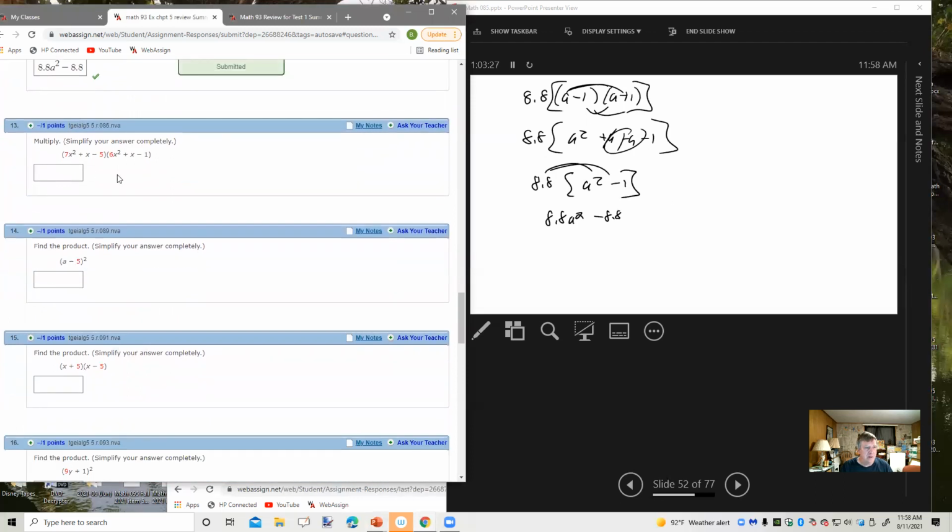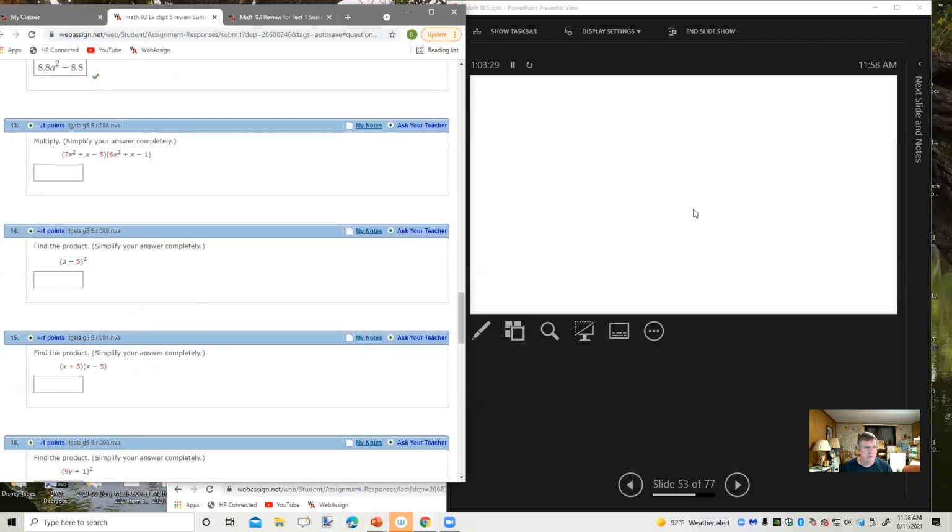All right, multiply, simplify your answer completely. So now we've got a trinomial times a trinomial. So we're going to actually have 9 different products that we're going to then combine like terms with.